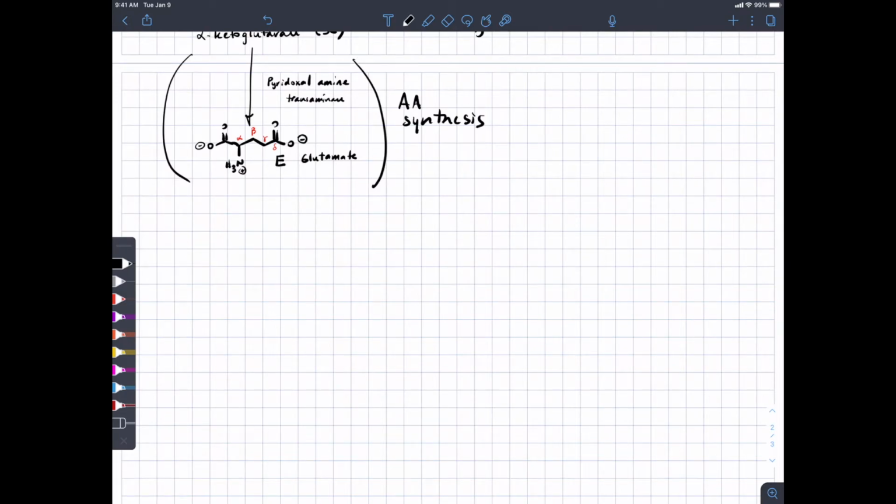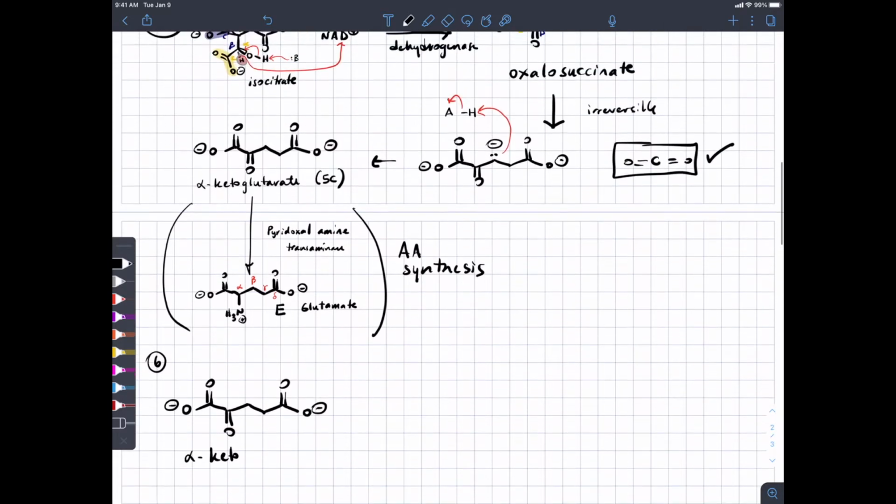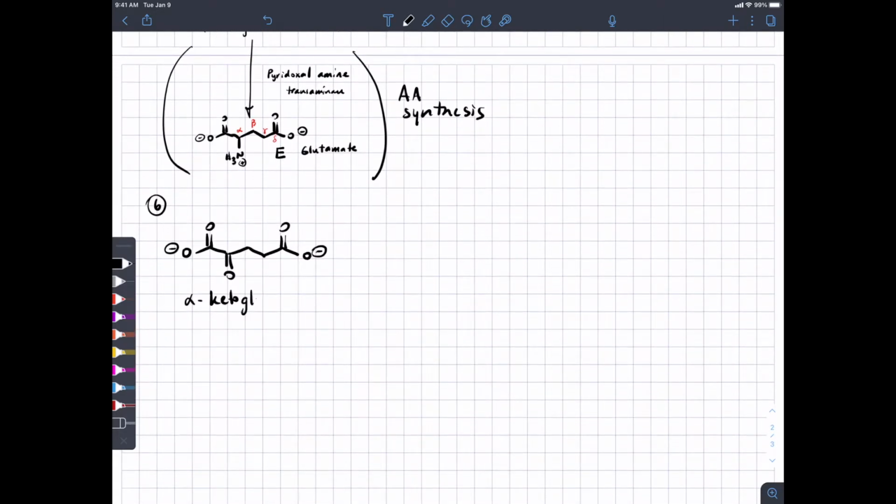Okay, so next we will take alpha-ketoglutarate, and we'll call this step 6. We're going to use as cofactors TPP, lipoate, ultimately, I think both FAD and NAD plus.